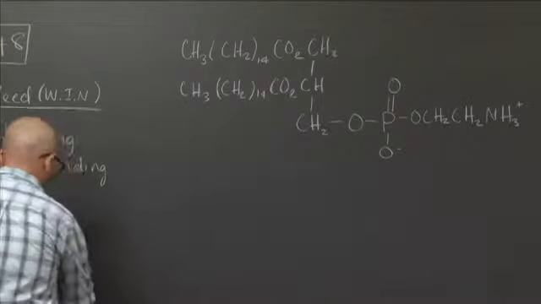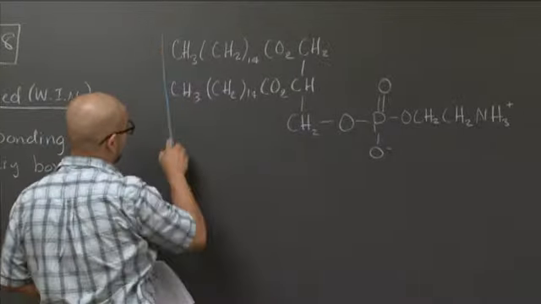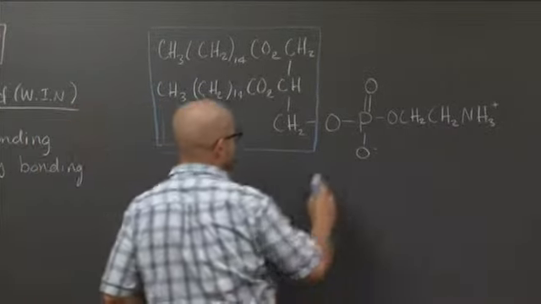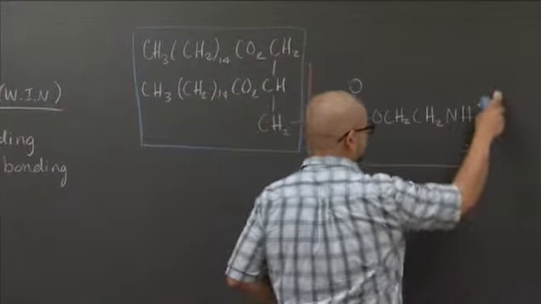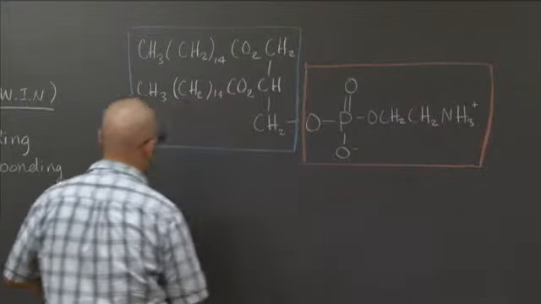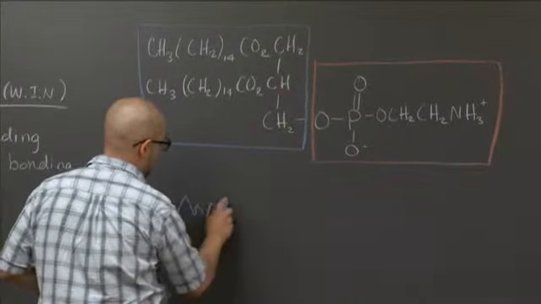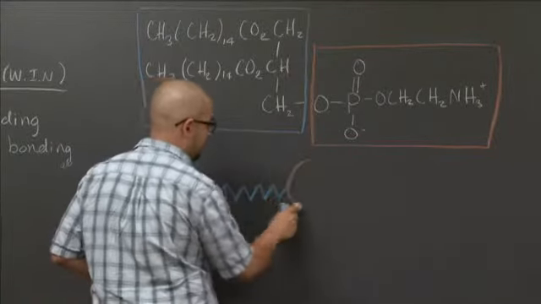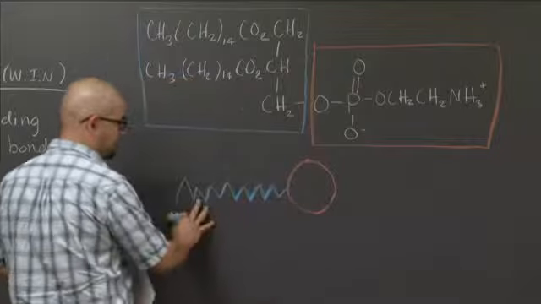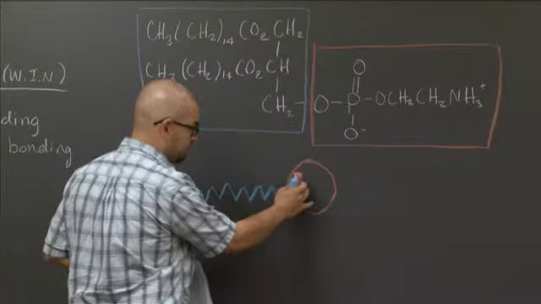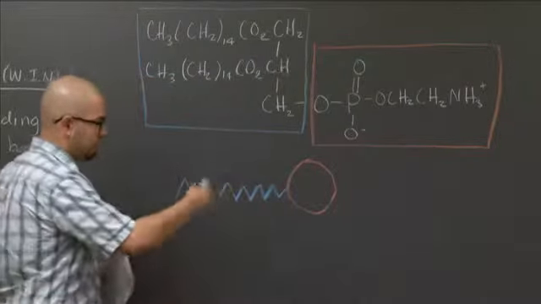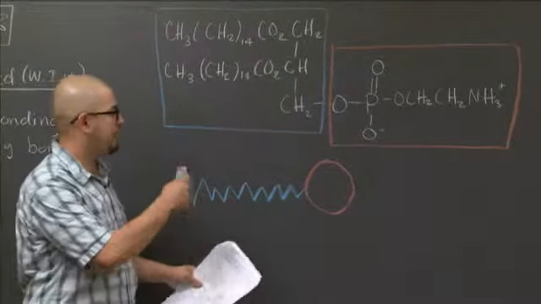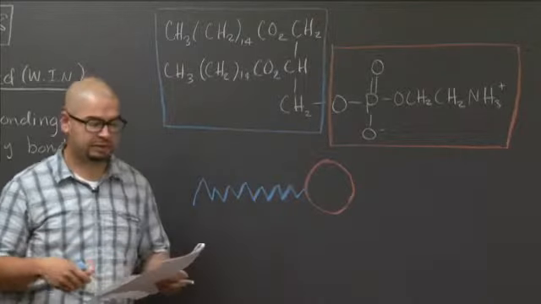So for the problem, it will be good to isolate the two with different colors, and then we'll stylize them such that the hydrocarbon, or the nonpolar part, is a zigzag line, and the polar component is the red circle.